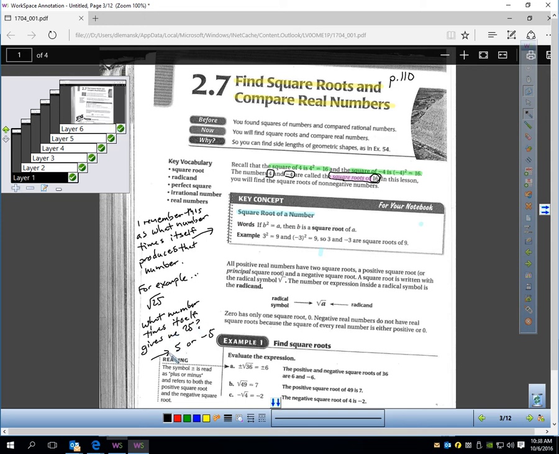Does it make sense that 5 times 5 would give me 25, or negative 5 times negative 5 would give me 25? So there's two answers. 5 times itself would give you 25. That would be a correct answer to the square root of 25. Or negative 5 times itself would give you 25. So the square root of 25 has two responses, either 5 or negative 5.